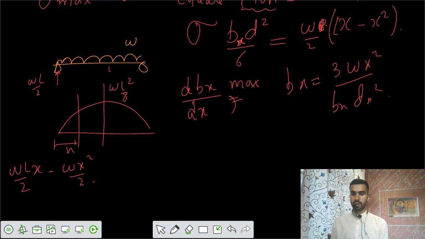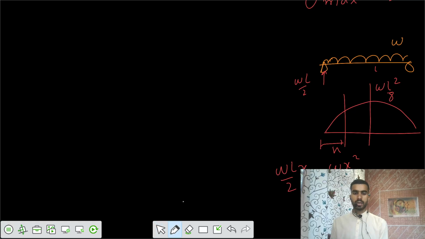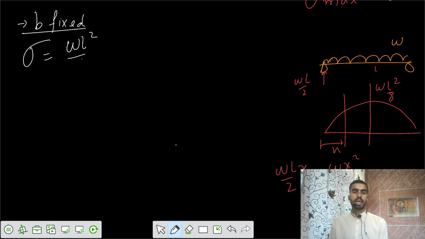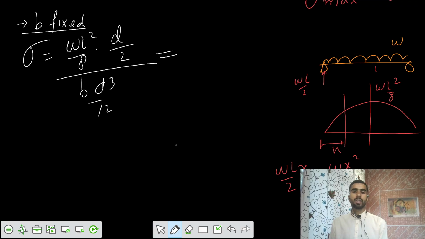You can also solve it in this fashion. If you want to keep b fixed, first case, sigma equals to wL square by 8, the maximum bending moment, and d is variable, so into d by 2, and b d cubed by 12. This is the first case that we have to equate with the moment at any x, wL by 2 x minus wx square by 2.